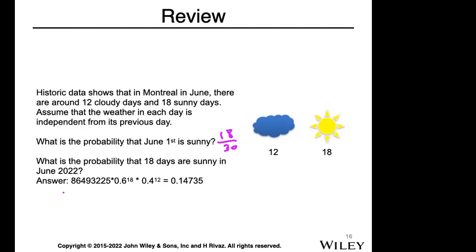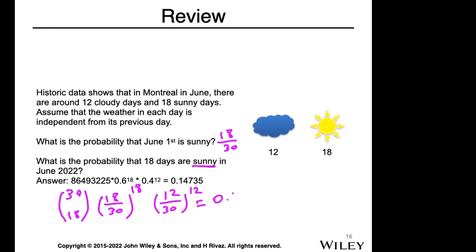So it's 30 choose 18. We have to be careful what we are writing as probability. So 18 days are sunny, right? So 18 divided by 30 to the power 18, and then 12 divided by 30 to the power 12. So that's the answer, which is 0.147.